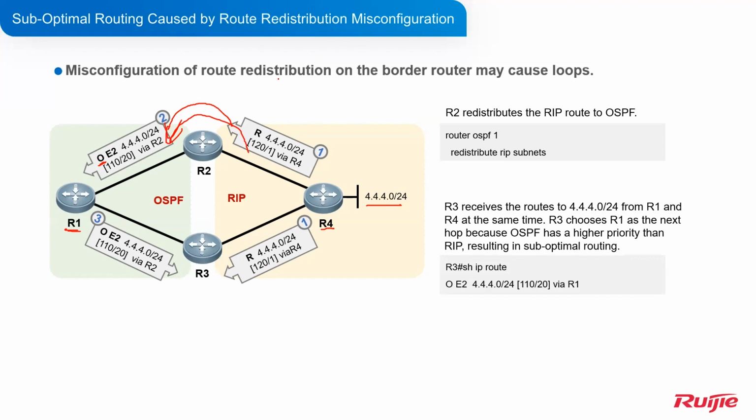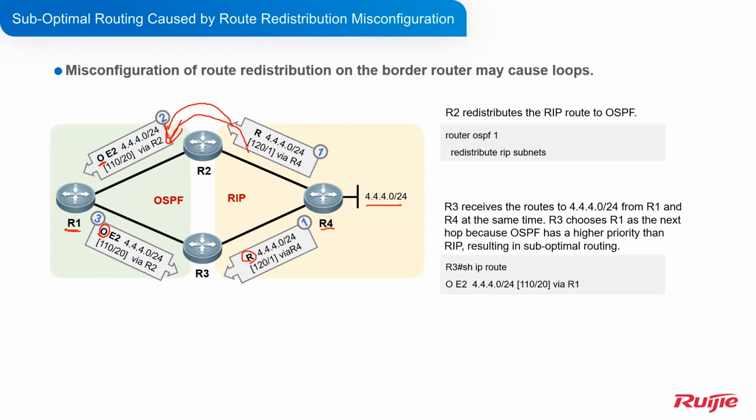You should think about why. Because from our point of view, we think we should choose R4 because R4 is directly connected. But why does R3 choose R1? Because to the same destination, this is an OSPF route and this is a RIP route, and OSPF has a higher priority than RIP.